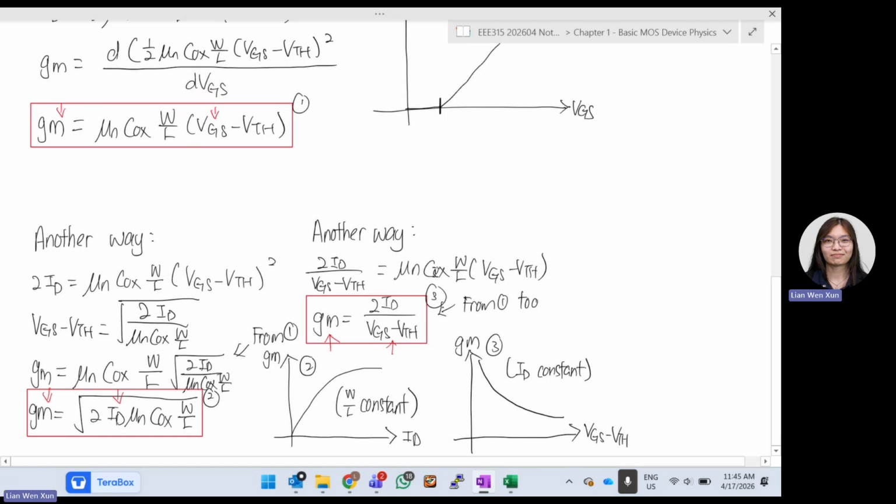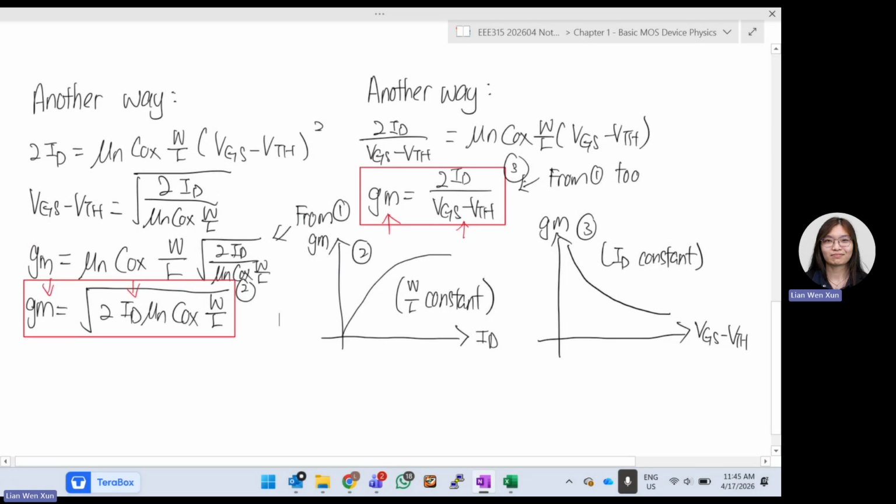How did I come to this equation? Mu n Cox W over L, VGS minus VTH. Anyone can solve this? I suddenly hang. I'm not sure how we come to this equation. I know this is GM, mu n Cox W over L, VGS minus VTH. But where does this 2ID over VGS minus VTH come from?